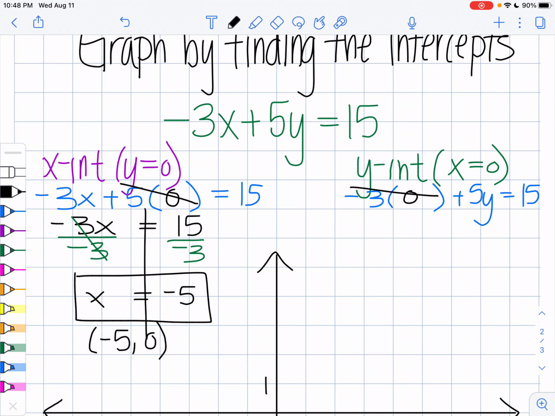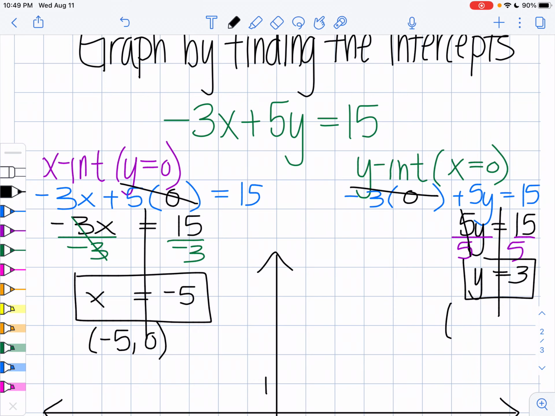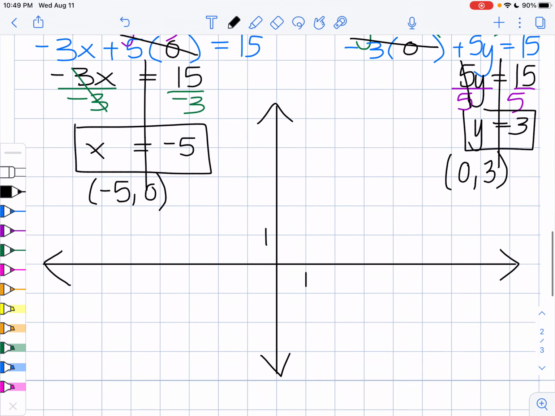So I'm left with this easy equation. 5y is equal to 15. 5 times y is equal to 15. So to undo multiplication, I have to divide both sides by 5. And I'm left with y equals 3. So because y equals 3, I have my ordered pair. X is equal to 0. Y is equal to 3.